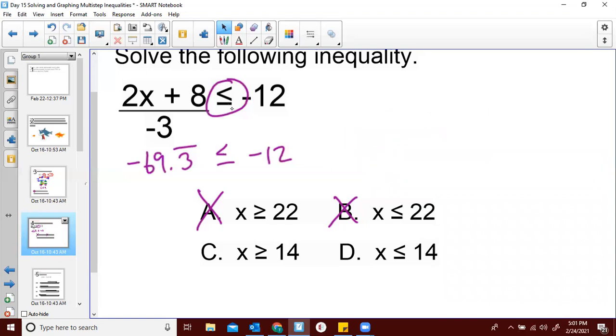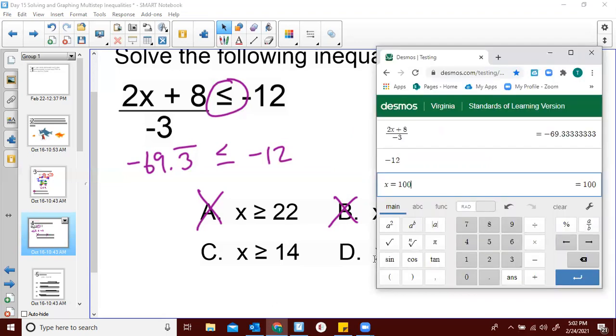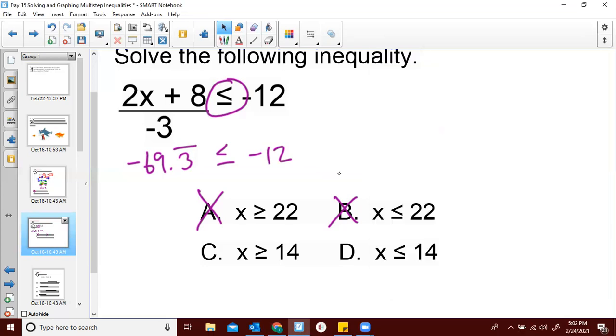So this is a true statement. So what that's telling us is, what did we put in? We put in 100. So what that's telling us is that every value of x is going to be greater than 14. Greater than 14. Right?